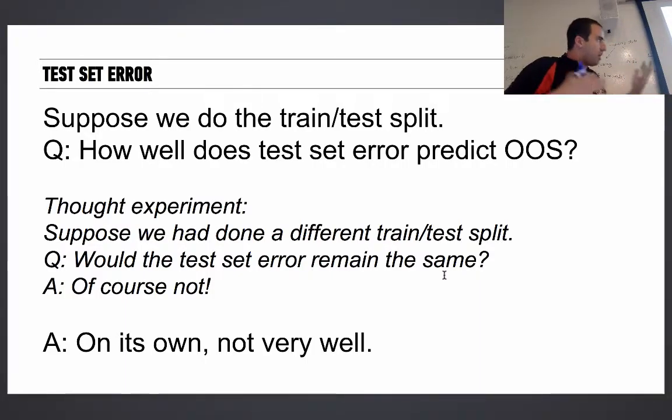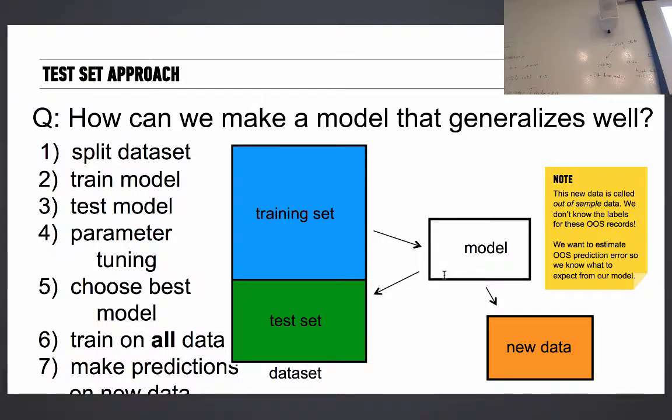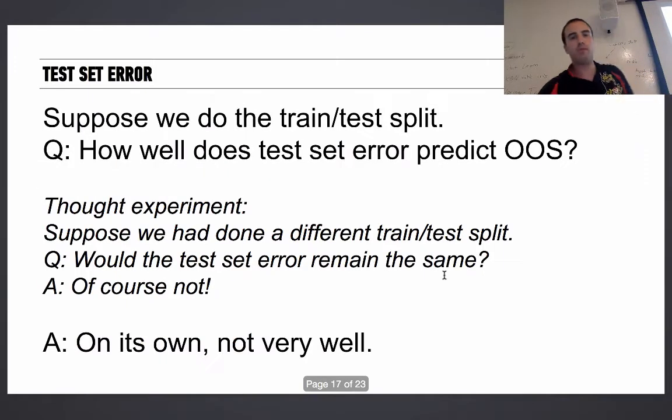Well, thought experiment. What if we had split the data differently? What if the green were up here and we chose the first part as our test and the bottom half as our training? Would there be any difference? Yes. Would the test error be the same? No, it would not be the same, because it's completely different data that we're testing it on. And this is where the variance comes into play.